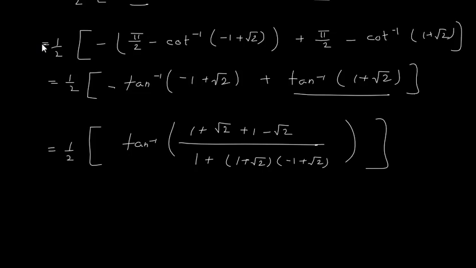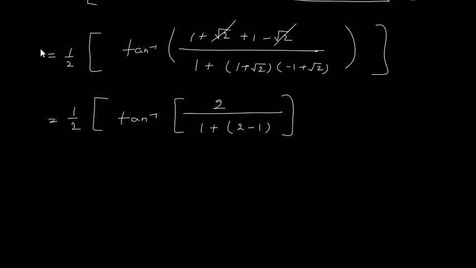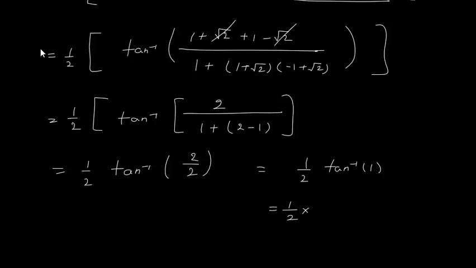So this is equal to 1 by 2 tan inverse, now here root 2 will cancel, so we have 2 divided by 1 plus, now a plus b into a minus b is a square minus b square. So this will give me 1 by 2 into tan inverse 2 upon 2, which is equal to 1 by 2 into tan inverse 1, which is equal to 1 by 2 into pi by 4, which is pi by 8.